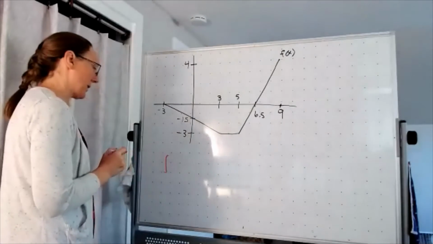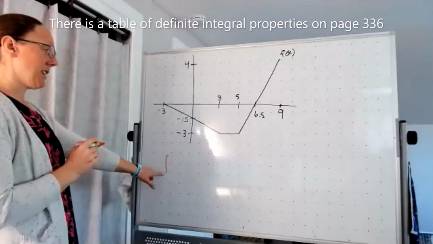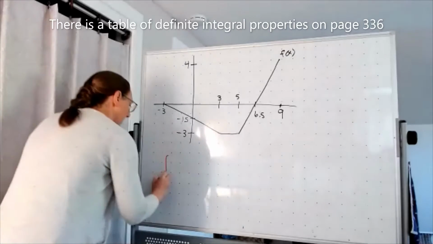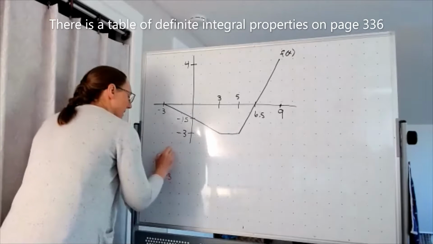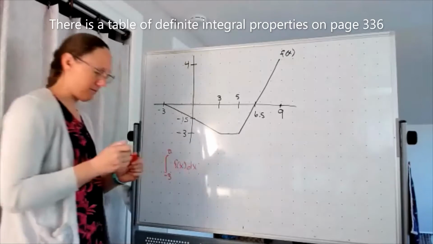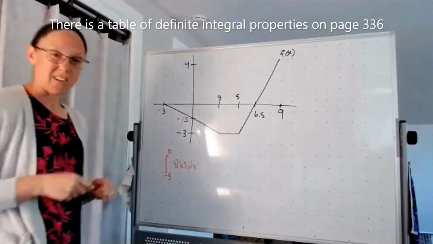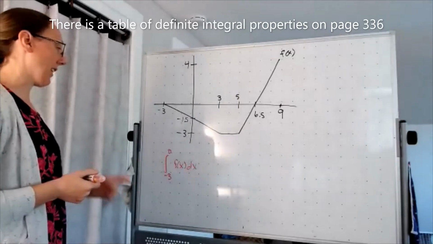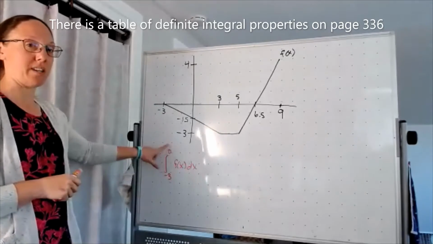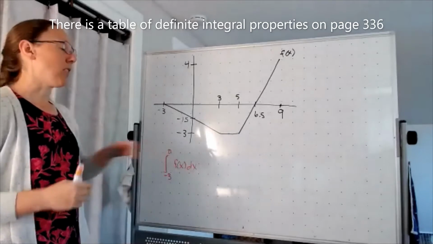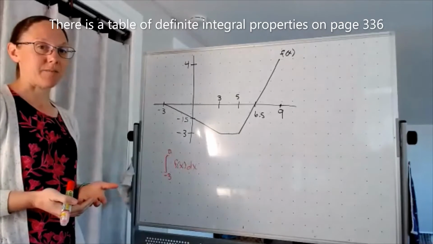My first sample question is to evaluate the definite integral from -3 to 0 of f of x dx. So this is asking me to find the area from x equals -3 to x equals 0 that's trapped between our function and the x-axis.